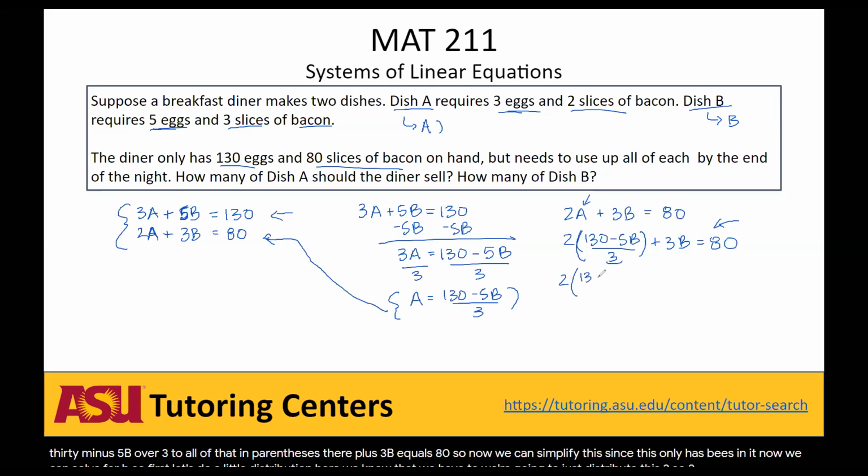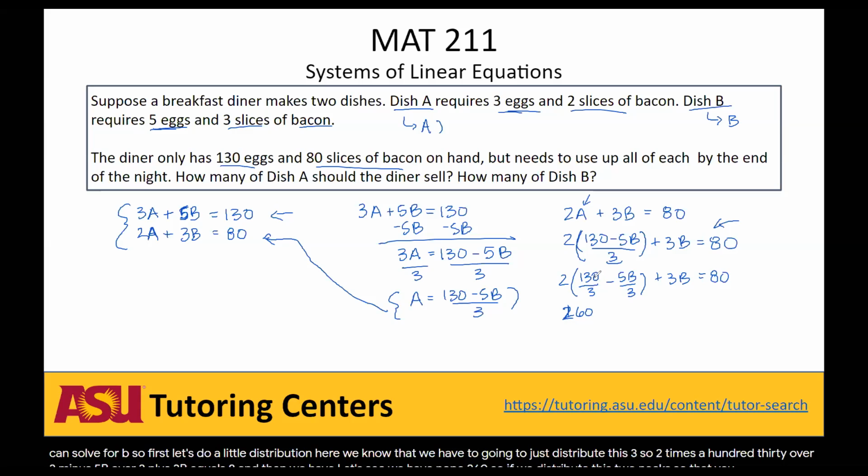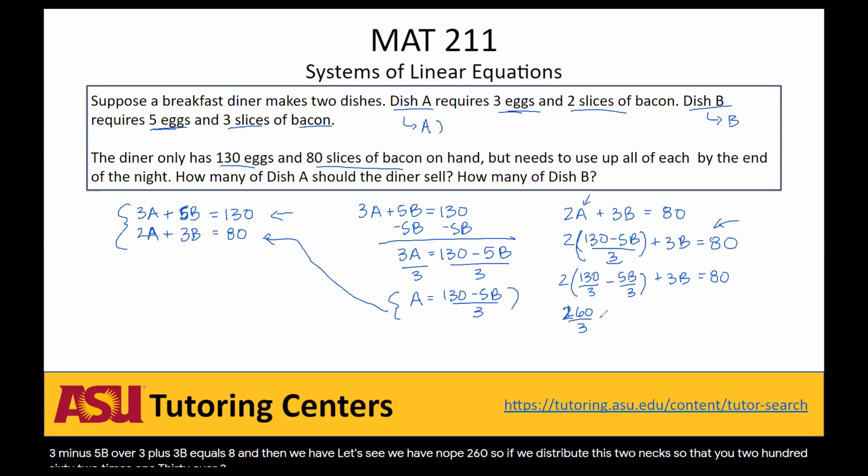So 2 times 130 over 3 minus 2 times 5B, 10B over 3, plus 3B equals 80.